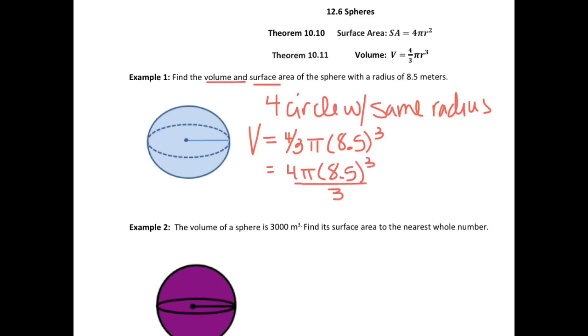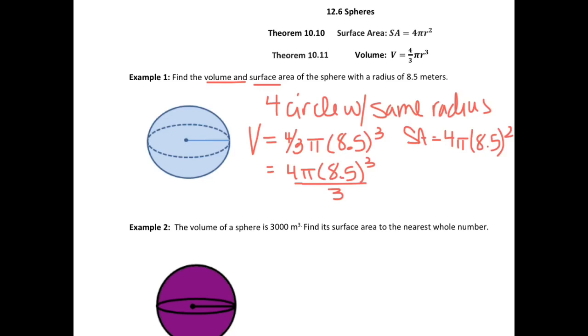You're going to get the same result. I don't know how your brain works, but we're going to plug that into our calculator. The surface area is just 4 pi times the radius squared. So I'm going to solve these both in terms of pi and then rounding.